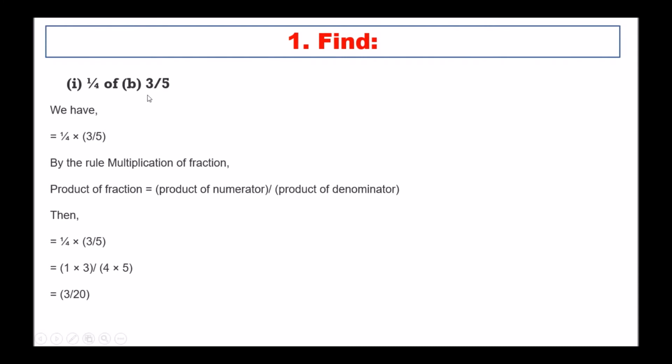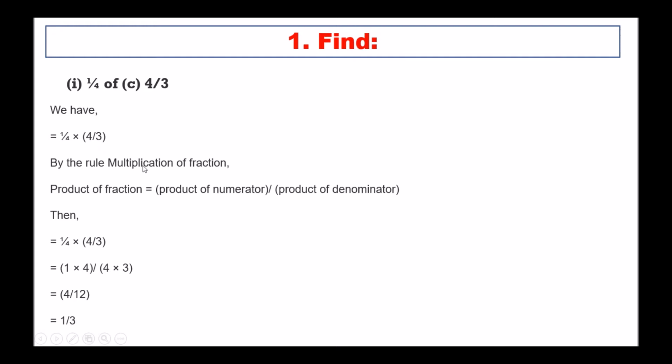Second, 1 by 4 of 3 by 5. Same way we will do by the rule of multiplication of fraction. We will first multiply the numerator. So numerator is 1 and 3. 1 into 3 is 3 and denominator is 4 and 5. So 4 into 5 is 20. So the answer is 3 upon 20. Next, 1 upon 4 of 4 upon 3.